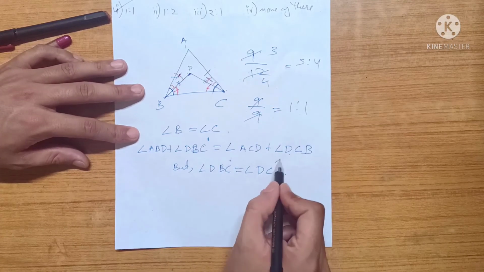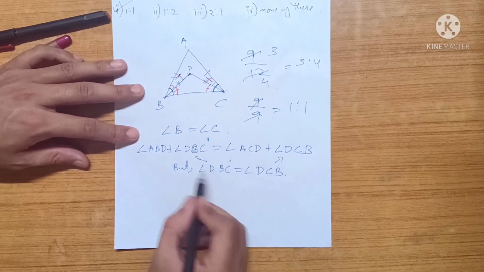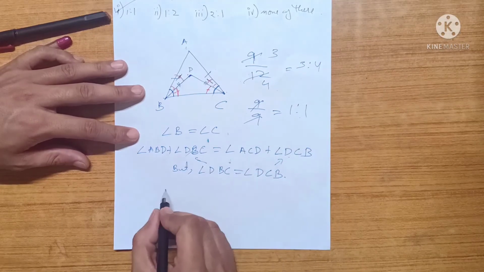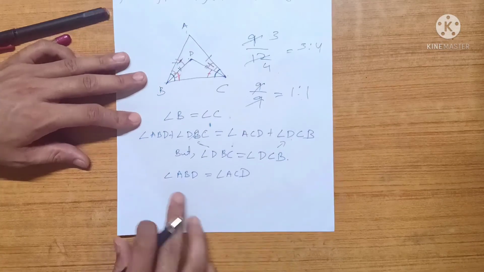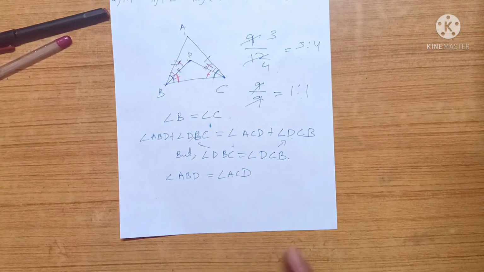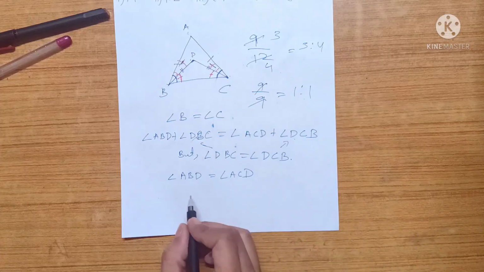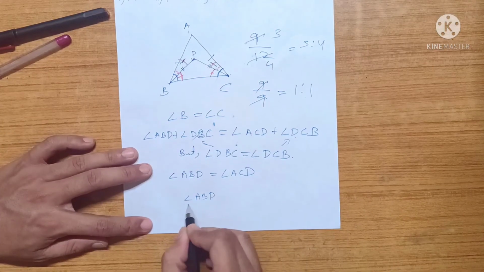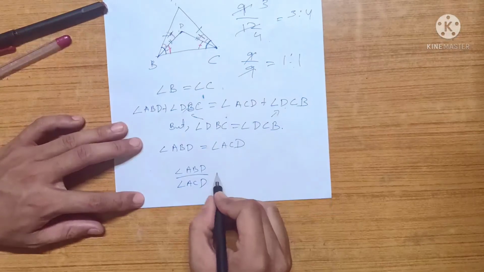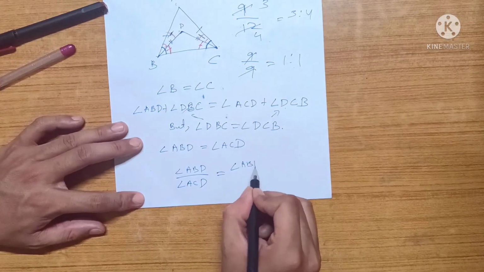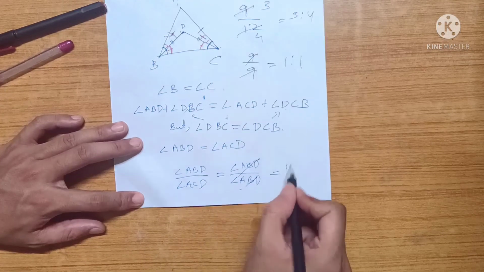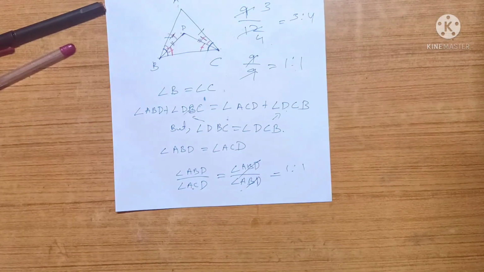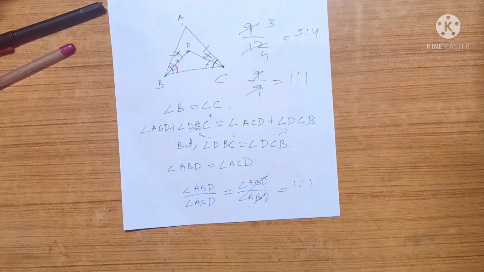So this and this are equal, which means these two we can cut off, so we're left with ABD equal to ACD. So that's how we get those two equal. And then ratio means division, so angle ABD divided by angle ACD equals ABD by ABD, because they are equal, I can replace this with this, 1:1. So in case you forget, you can do this also.